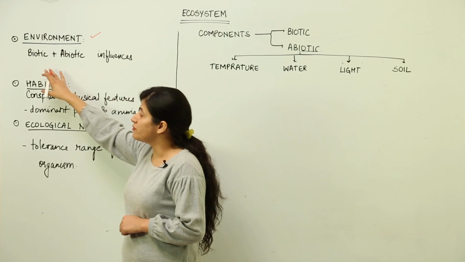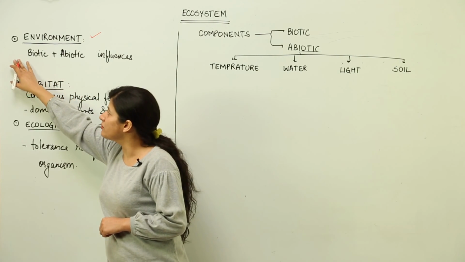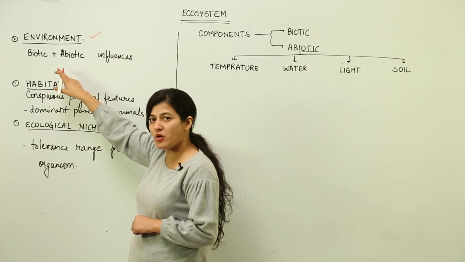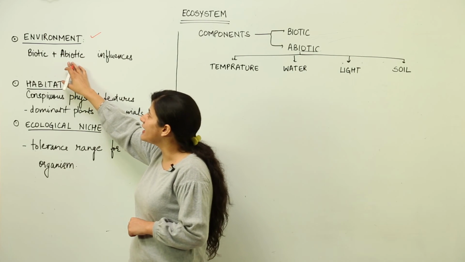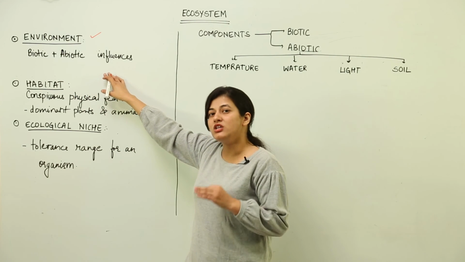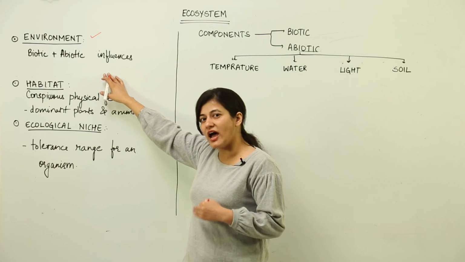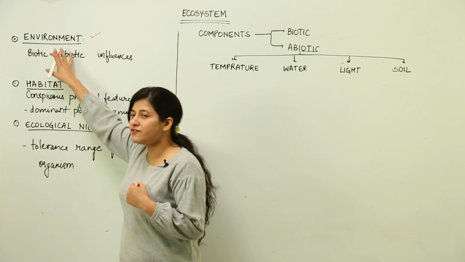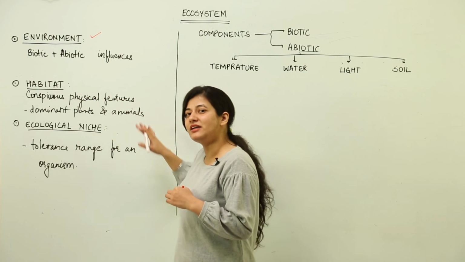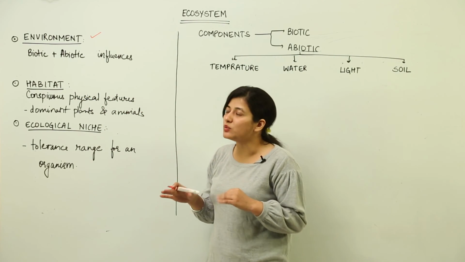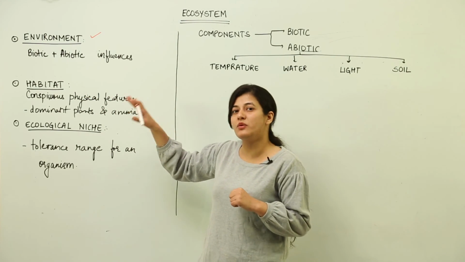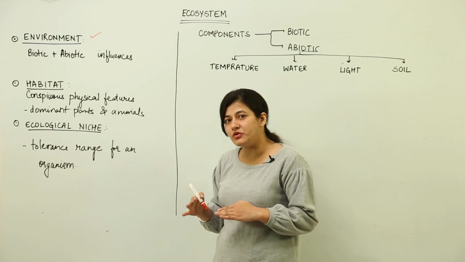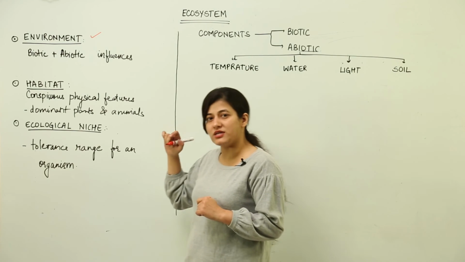So when we talk about biotic components, they would be the living populations around the organism or the given population that we are studying, and the abiotic components would include the non-living components that would have the influence on the survival of an organism. So that forms the environment, and entire ecology is basically dealing with how this environment influences the survival of a particular population, how does it adapt to it, and what are the consequences of those adaptations.